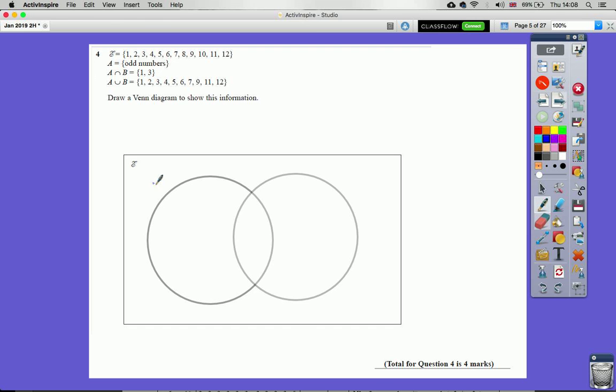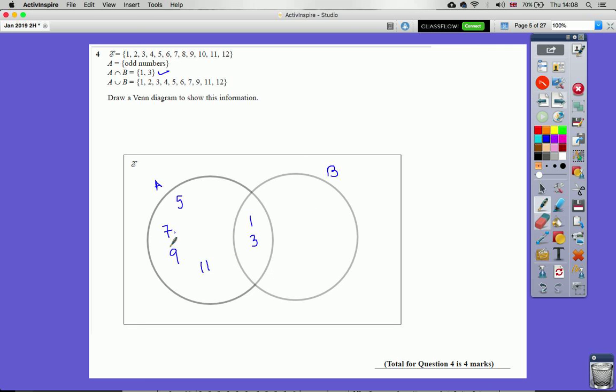Let's call this one A and this one B. So A is odd numbers only, and A intersection B is 1 and 3. Always start from the intersection, 1 and 3. Now odd numbers, I've got 1, 3, then I'll have 5, 7, 9, 11. So these are the numbers in A.